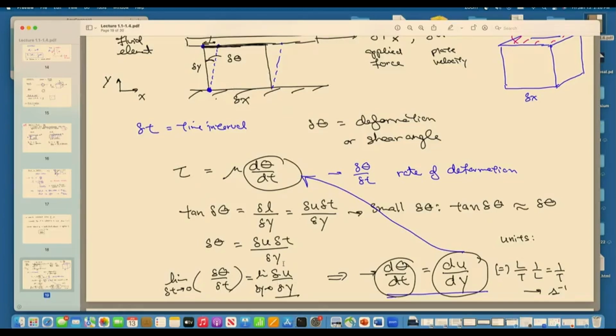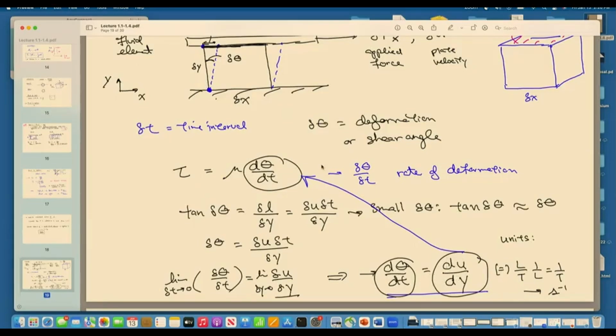In any case, then this is just the definition of a derivative. On the right-hand side, this goes to du dy. And then the left-hand side goes to our d theta dt. So this little analysis shows that the rate of deformation d theta dt, it's an angular deformation, is directly equal to the derivative of the velocity, or velocity gradient.